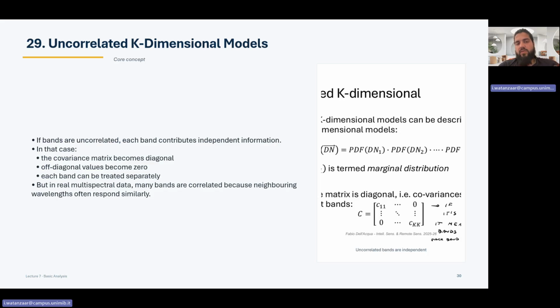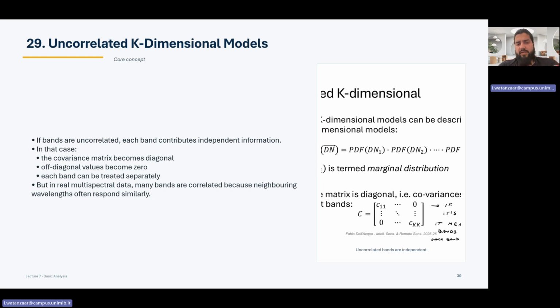And why does it become zero? Because otherwise the off-diagonals have a little variance with each other, not too much, and it's not totally uncorrelated. In the uncorrelated k-dimensional case it becomes zero because we are looking for bands which have totally different information.